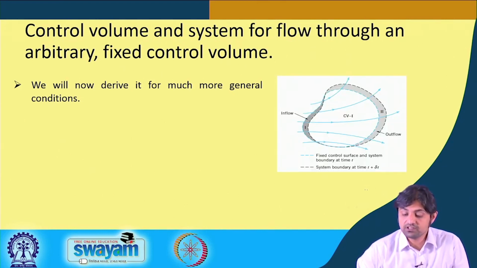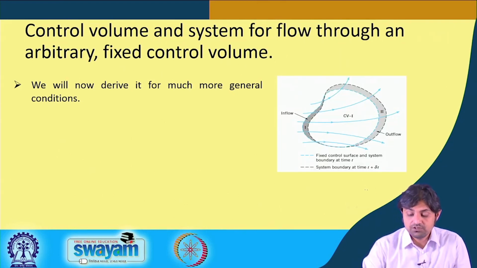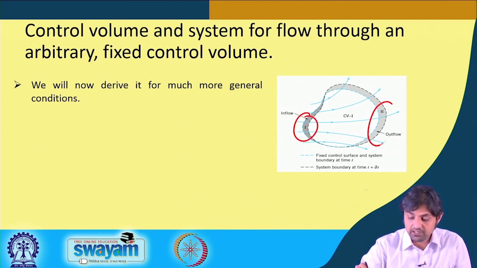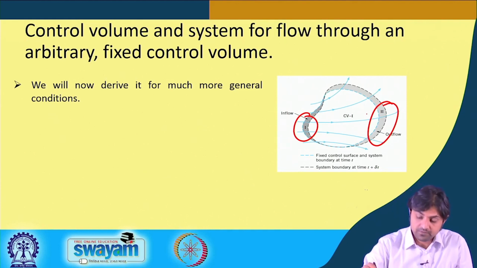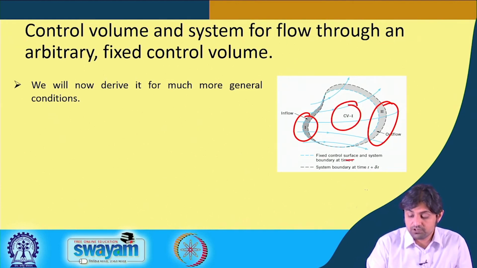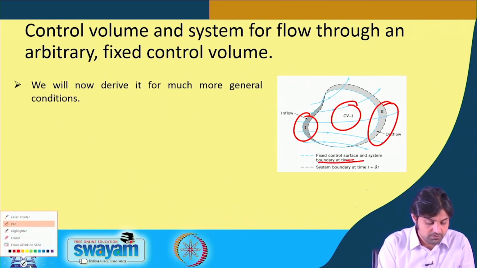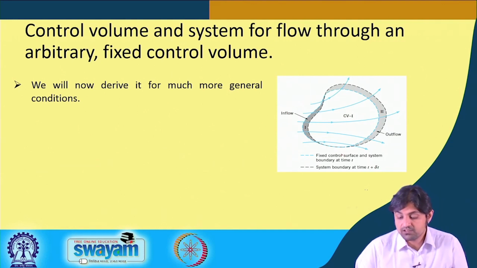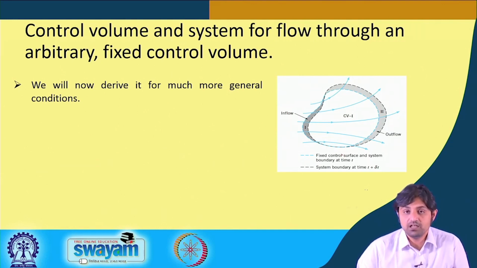Inflow is happening in this area, this is the outflow area, and this is the original control volume. The fixed control surface and the system boundary at time t, and the system boundary at time t plus delta t.